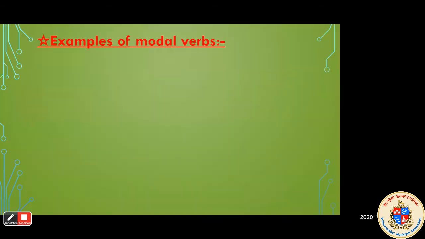Students, we have to know how we can use these modal verbs in our sentences. There are some examples here. We are going to see these modal verbs one by one, how we have to use them in the English language. So first is can.